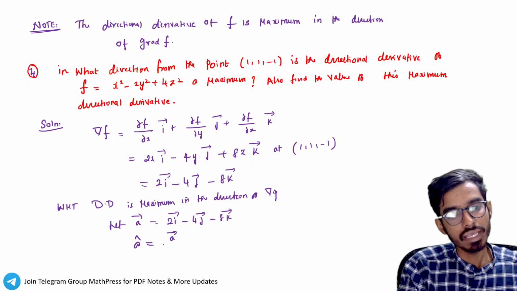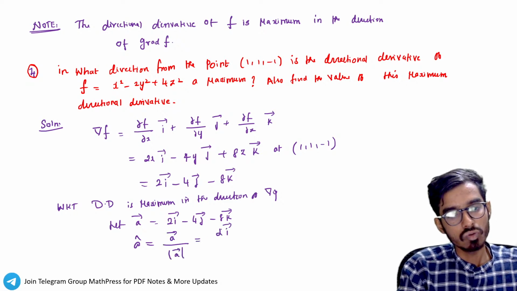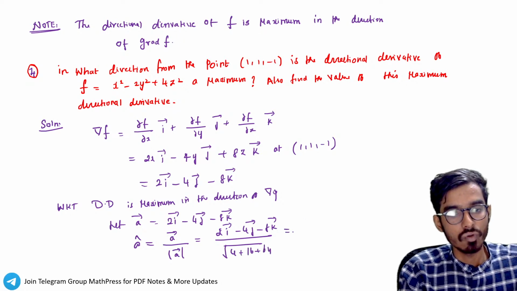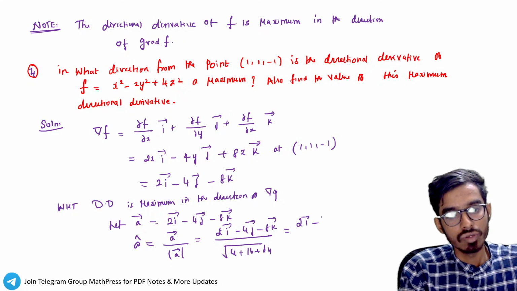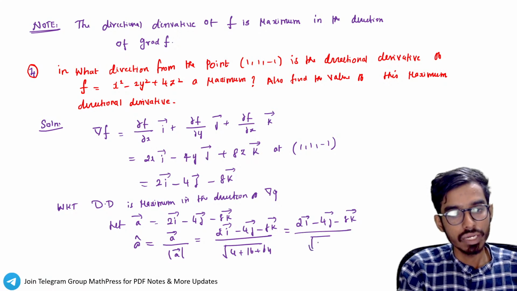So A cap is the vector divided by the modulus of the vector. So 2i minus 4j minus 8k divided by root of 4 plus 16 plus 64, right? 4 plus 16 is 20, plus 64.